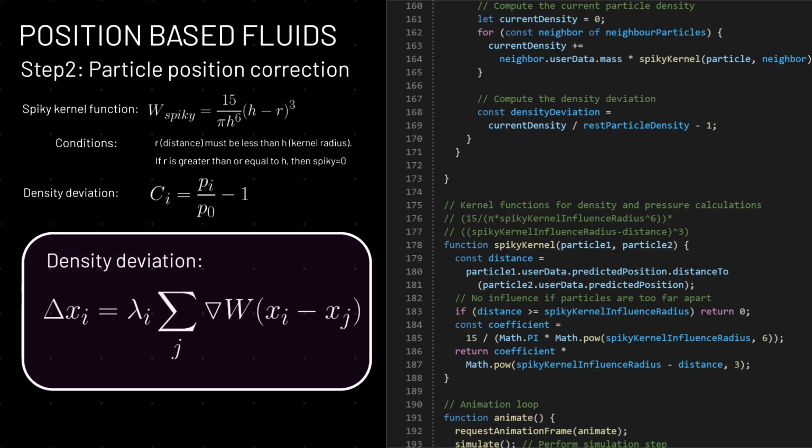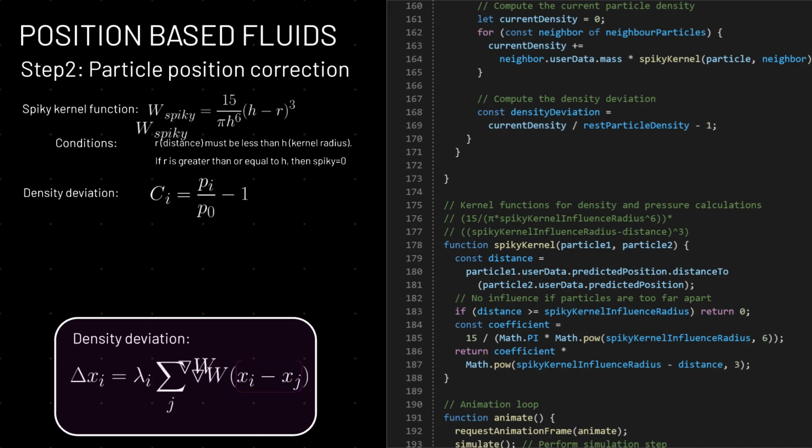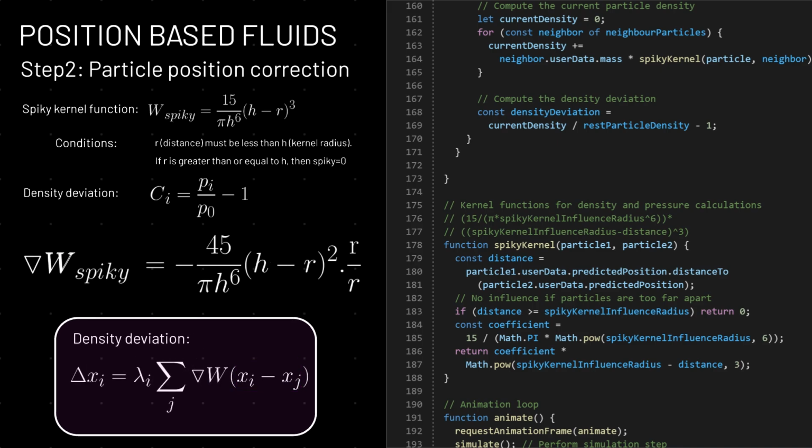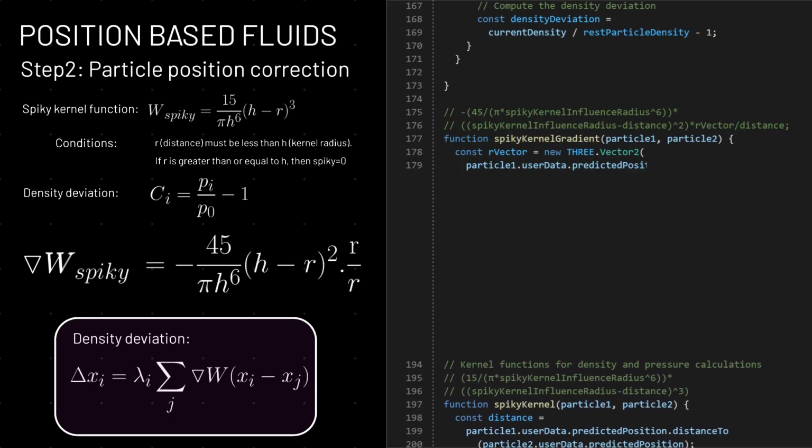What the formula says is that we are to sum up the gradient of the smoothing kernel for all neighboring particles. The gradient is actually a vector which you get by differentiating the kernel function with respect to r, which is the distance between the 2 particles, and then multiplying by the vector that is the difference between the position of the particle and its neighbor, and normalizing by dividing by r. And in fact, let's write a function for it.